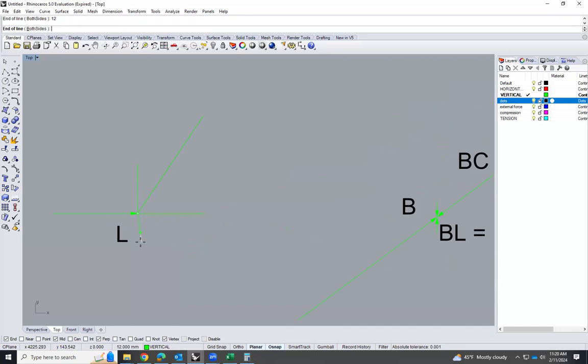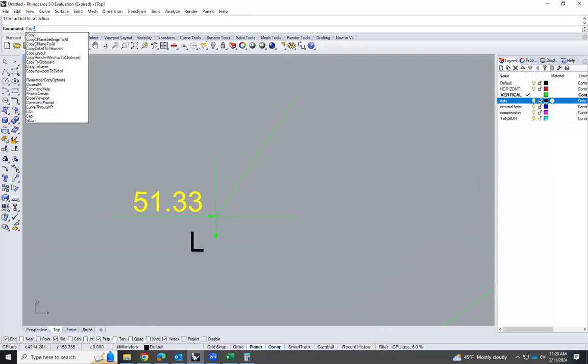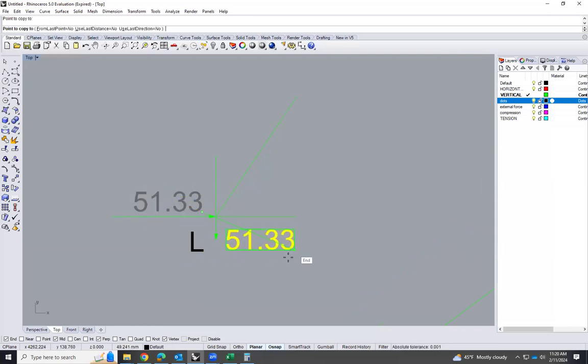So I go 12 down with the arrow going down. Okay, so this is 51.33, and this one is 12.